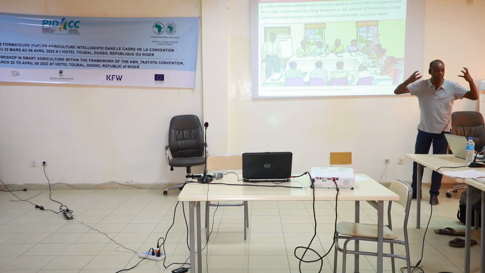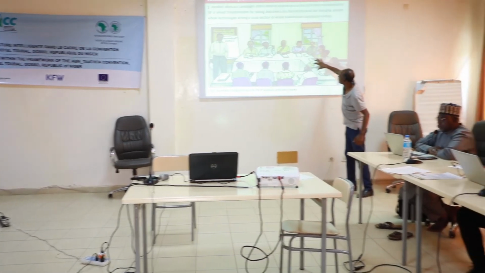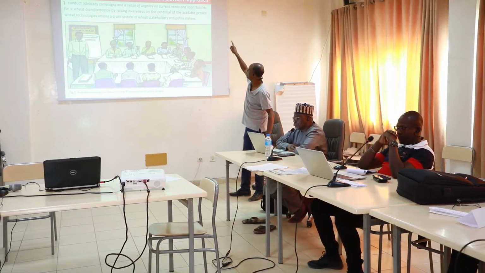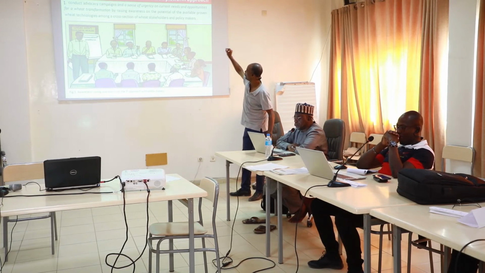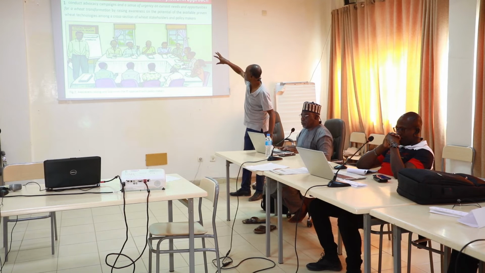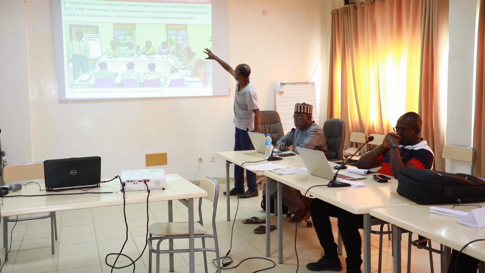So our way of thinking about agricultural transformation should start from this. That's why I'm speaking about priority interventions that are required for successful implementation of the innovation platform. The first one is a current advocacy campaign and sense of urgency on the current needs and opportunities for a wheat transformation, by raising the potential of available proven wheat technology among a cross-section of stakeholders and policymakers.